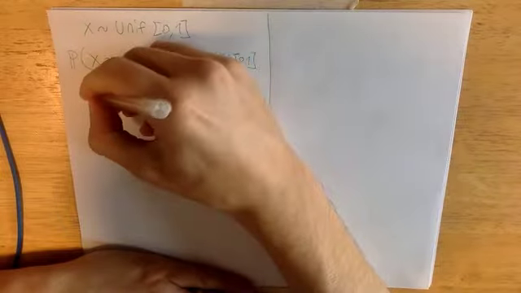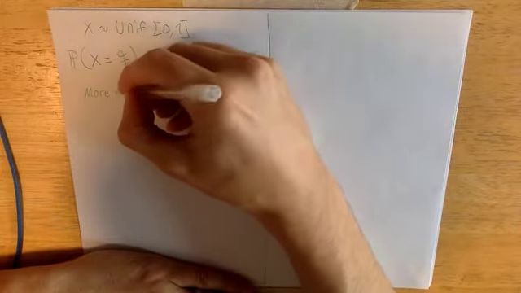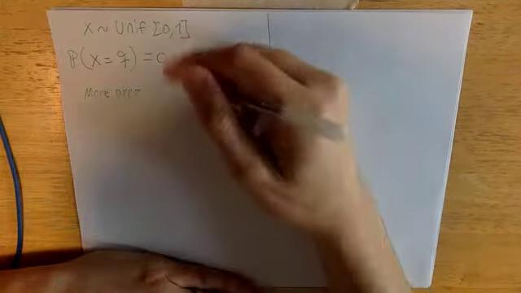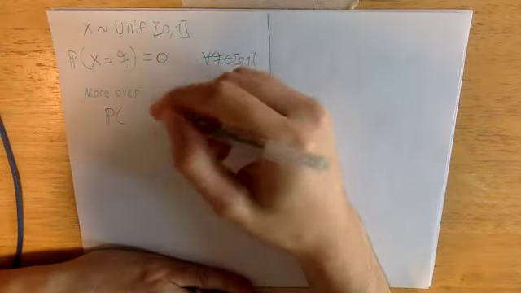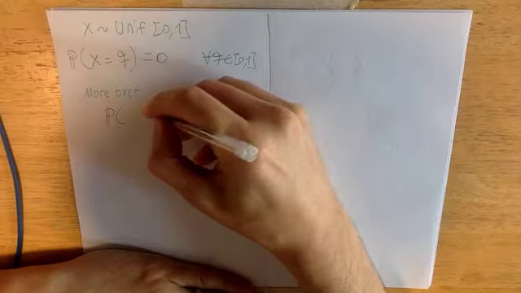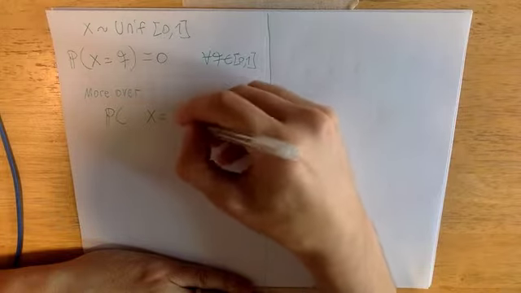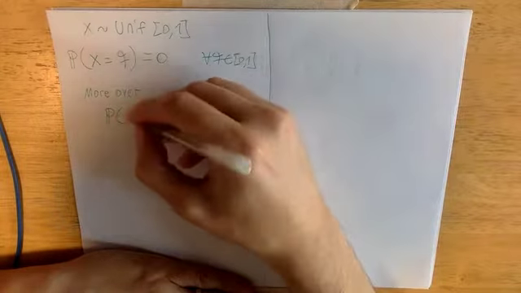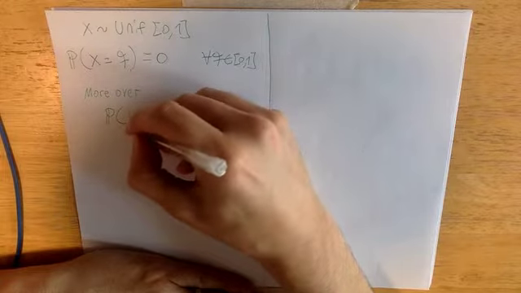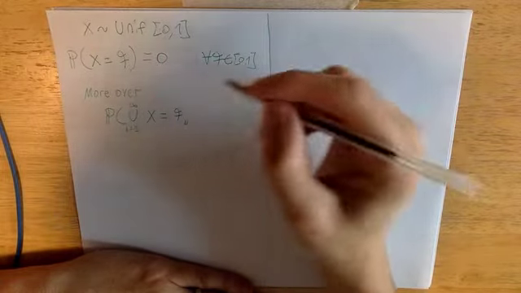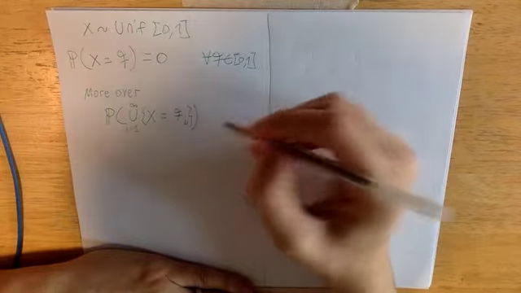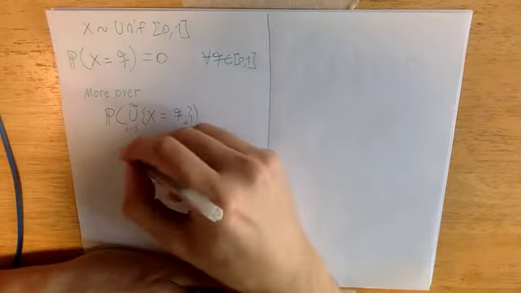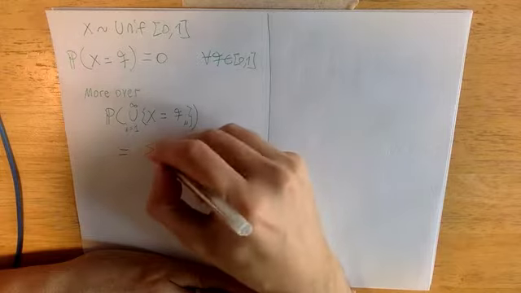Moreover, the probability that x is equal to q_i for some i, the union from i equals 1 up to infinity of the events x equals q_i, is going to be equal to the sum.